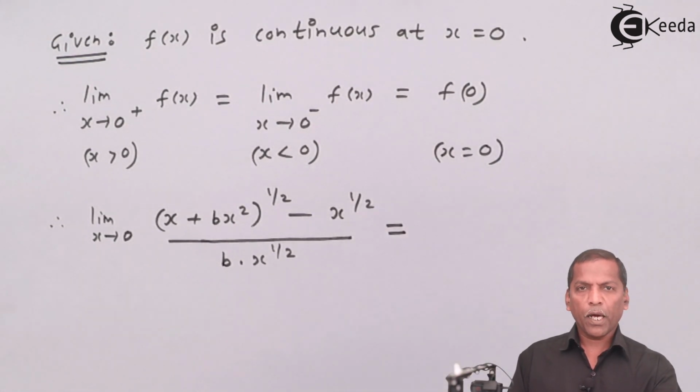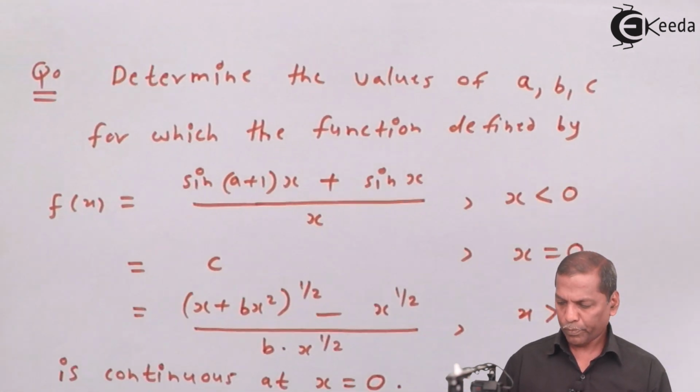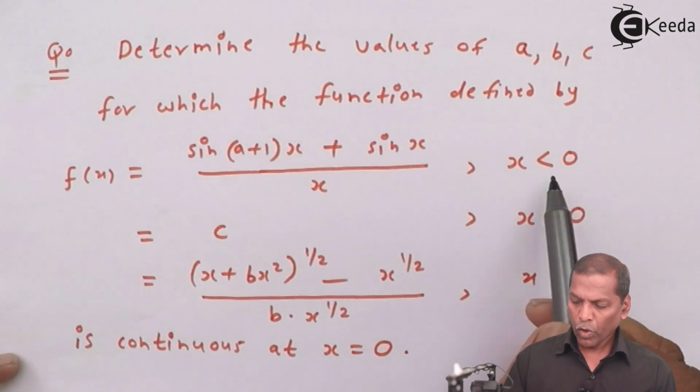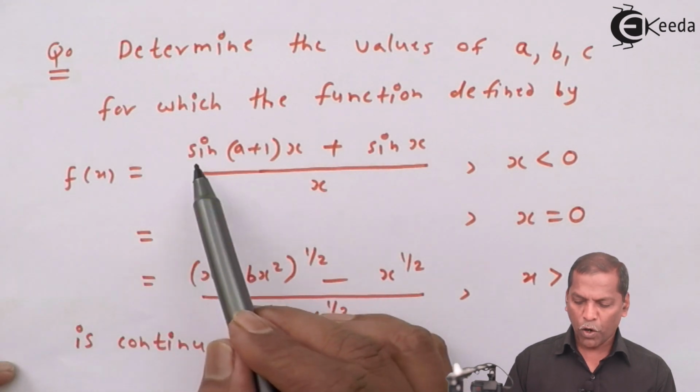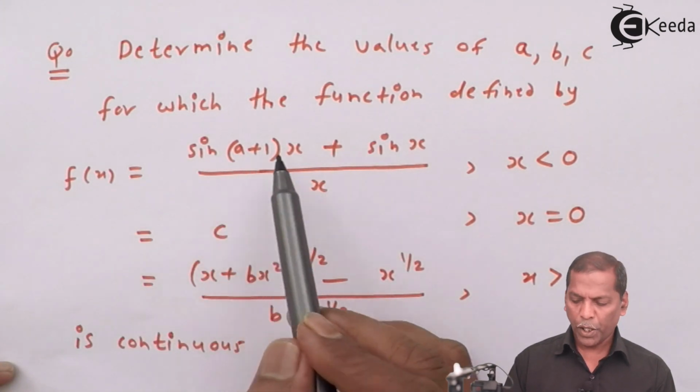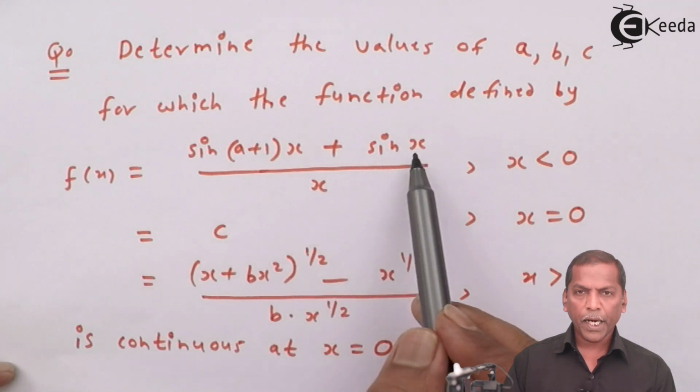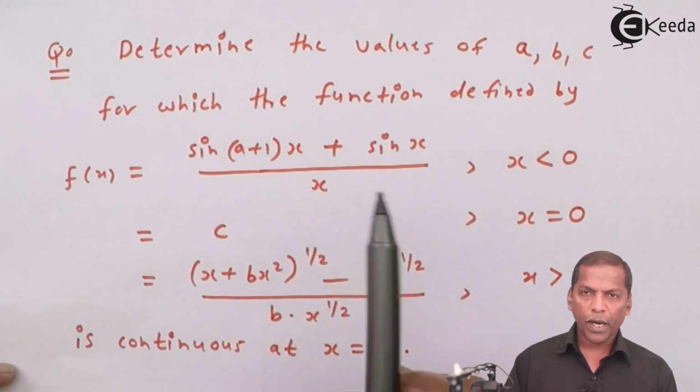Now for x less than 0, we have f of x is equal to sine of (a plus 1) into x plus sine x, whole thing divided by x.